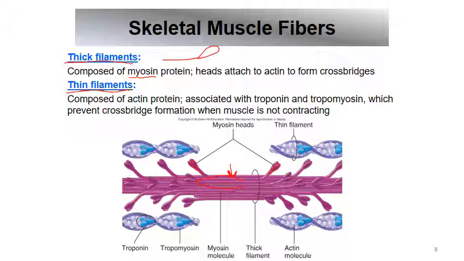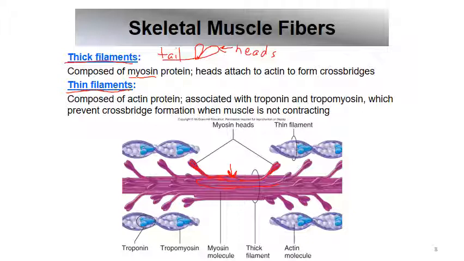Okay, it's actually got two of these shapes there. And so many of these myosin proteins have attached to each other, and it is now formed into this thick filament. Okay, so myosin, these parts that are sticking out, those are called the heads of myosin. And the part of the myosin that is long is called the tail.